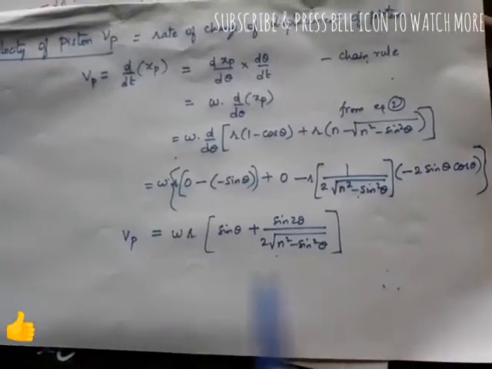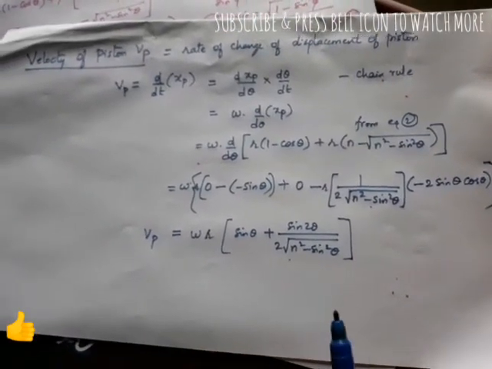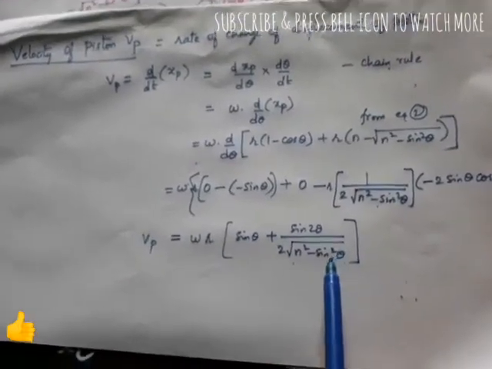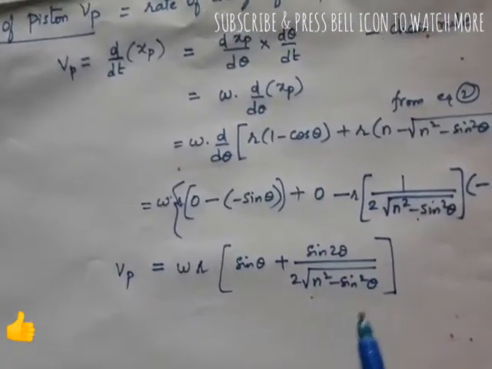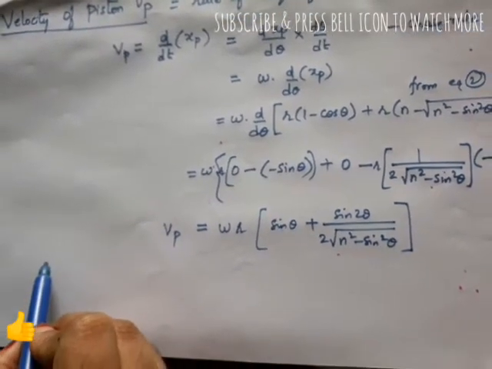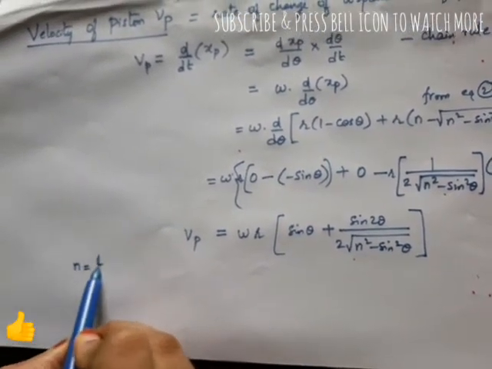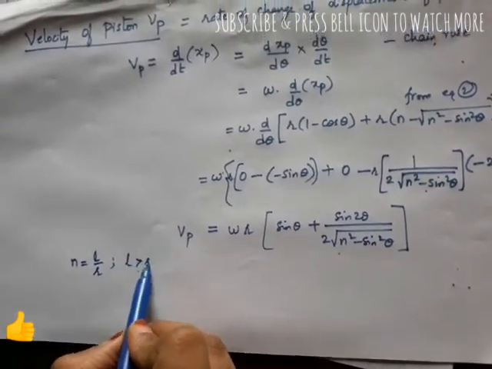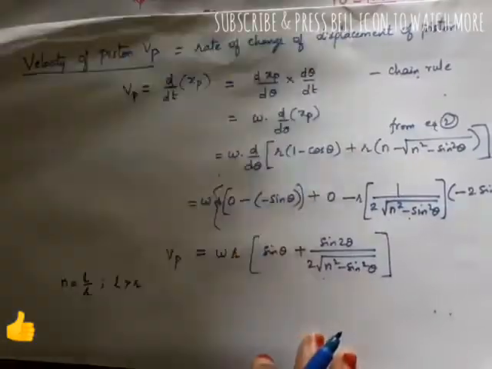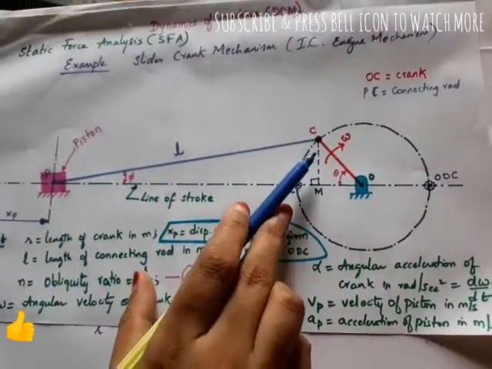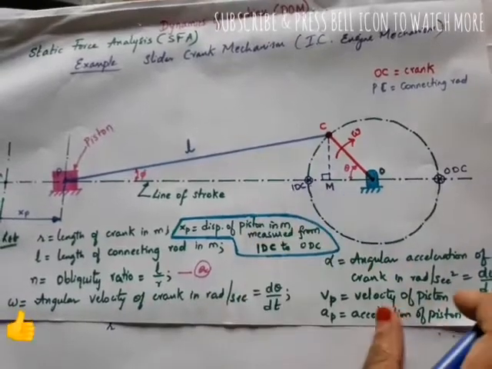Now because this looks complex, let us look into how to simplify it further. As we are seeing, this is sin square theta, and we know that n is nothing but L by R, and naturally L is greater than R because the length of connecting rod will be definitely more than the length of the crank.